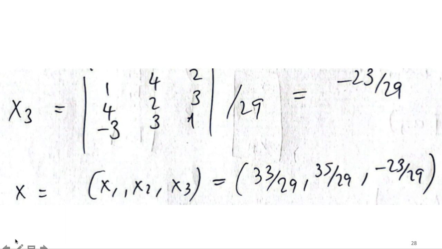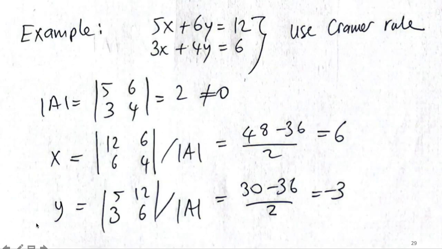Then similarly for x3, you repeat the same process and replace the third column with the right-hand side values, take the determinant, and divide by the determinant of A. That gives us the solution for x3. We can put all these together and write the solution of the unknown x.